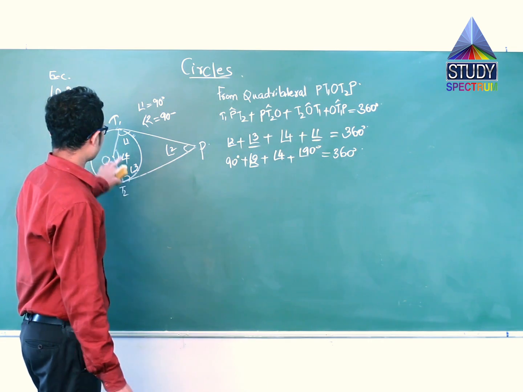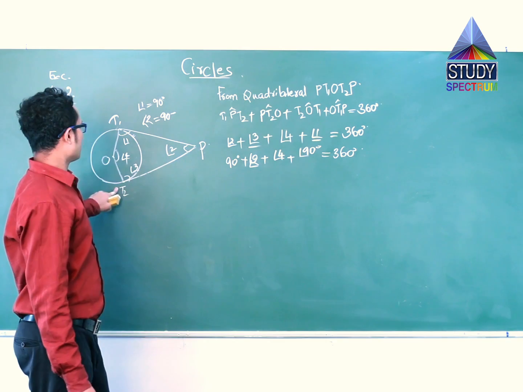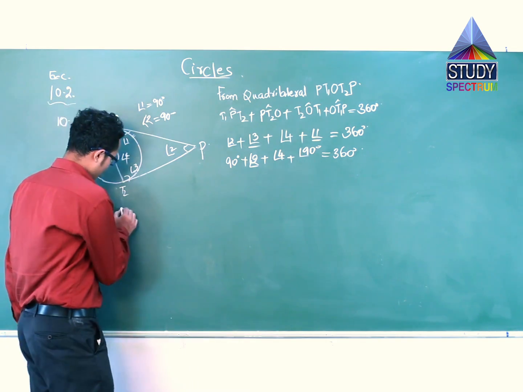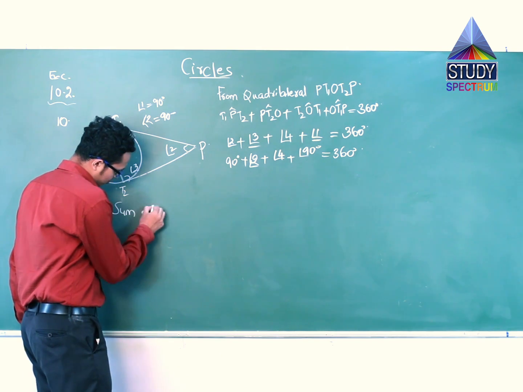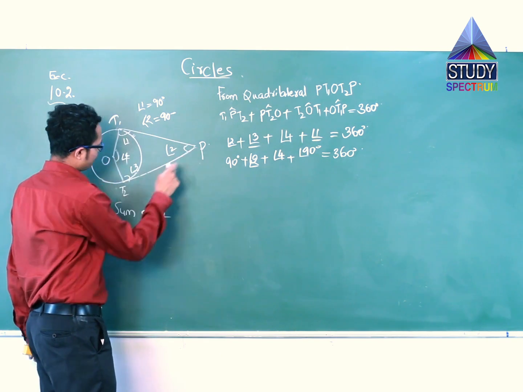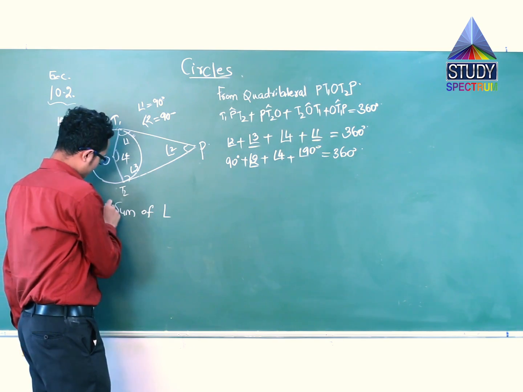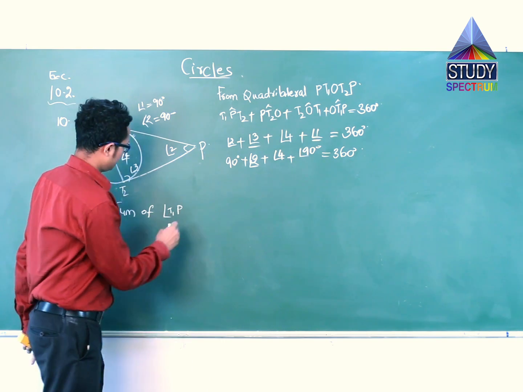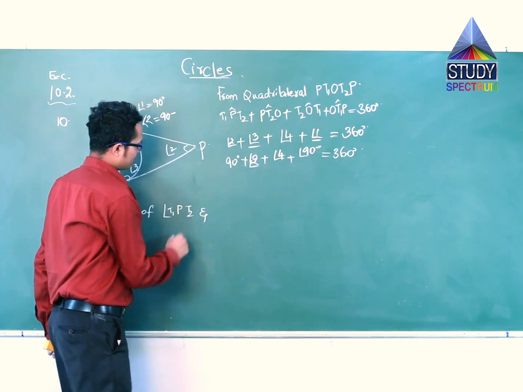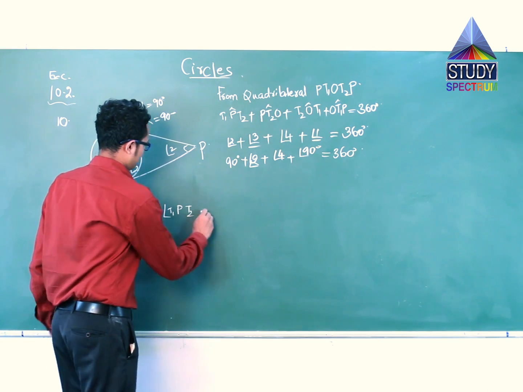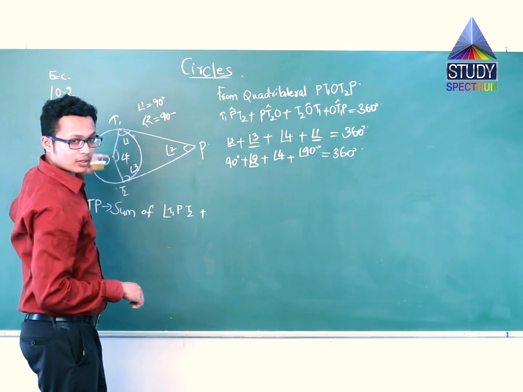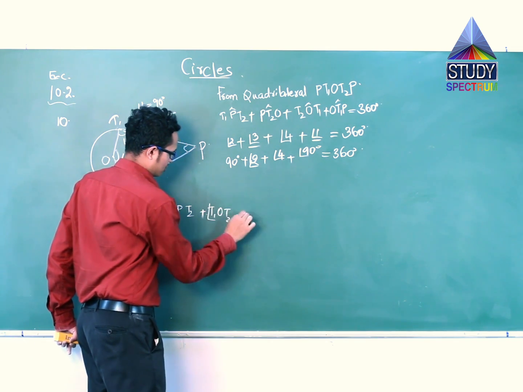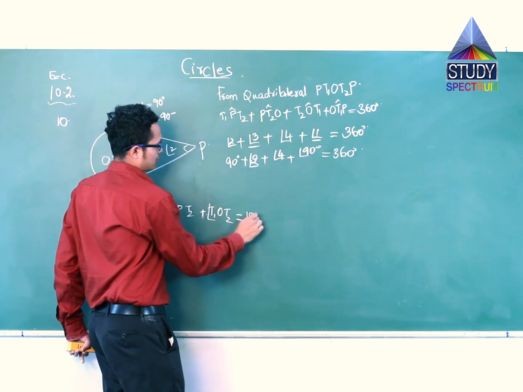What do I have to prove? That angle T1 O T2 and angle T1 P T2 are supplementary angles, or the sum of angle T1 P T2 and angle T1 O T2 is 180 degrees.